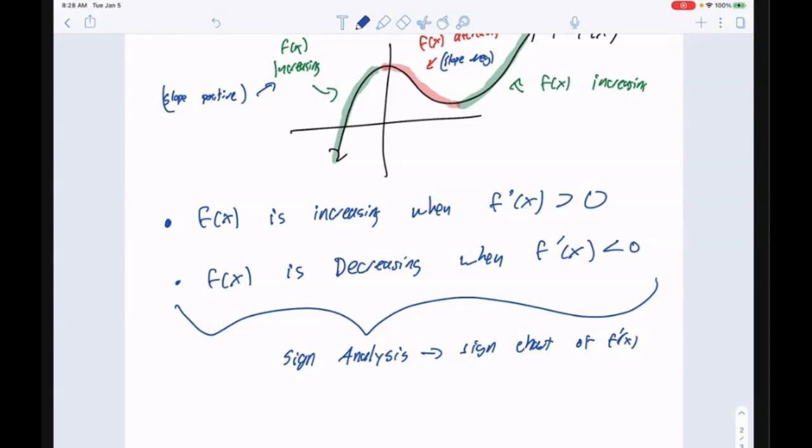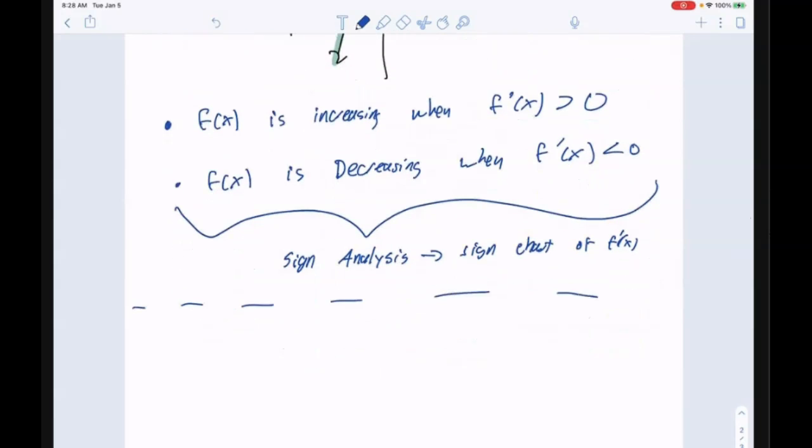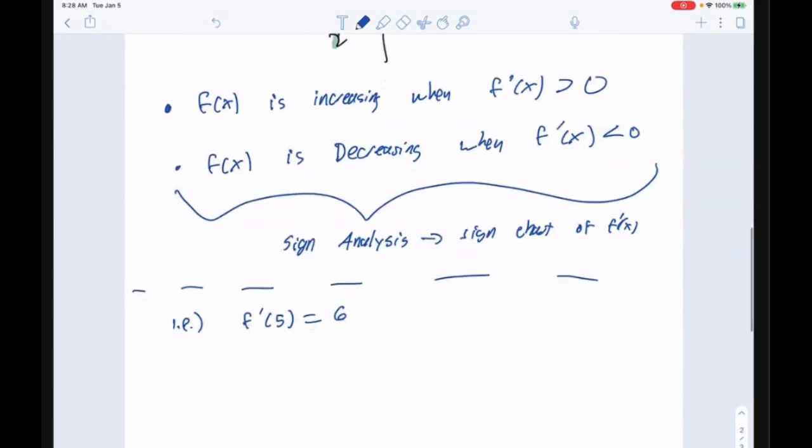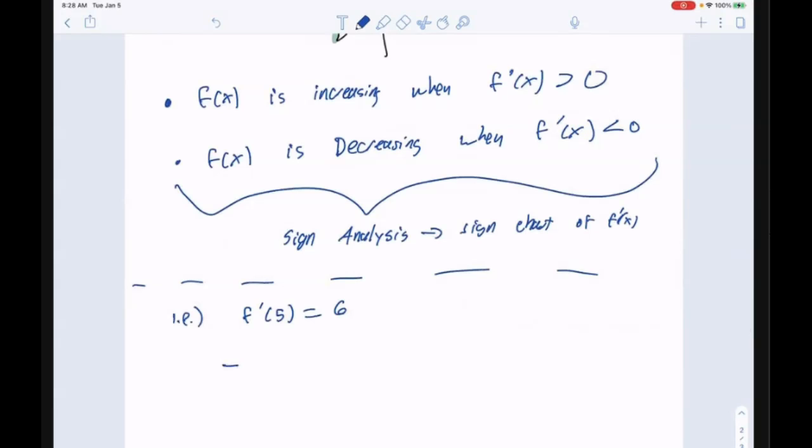Now, we could look at values of the derivative and say, i.e., if f prime of 5 equals 6, then this means that at x equals 5, f of x is increasing because the derivative is positive.